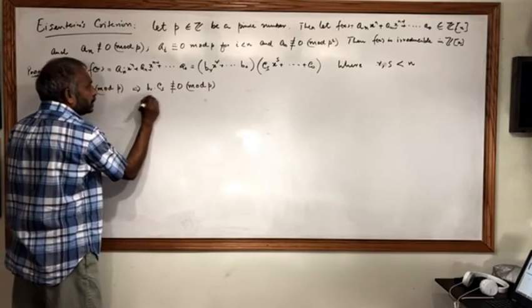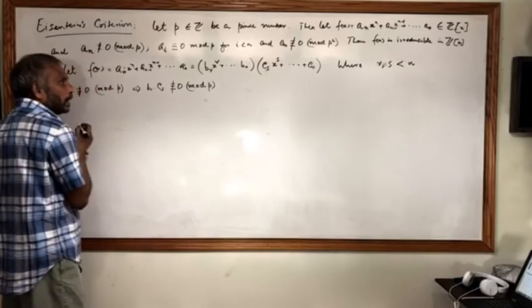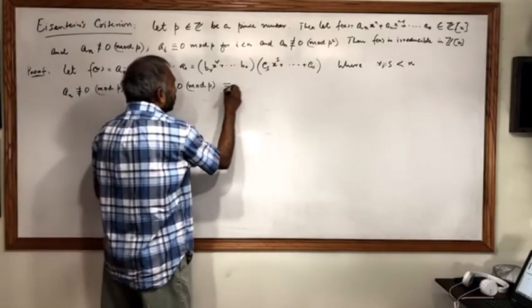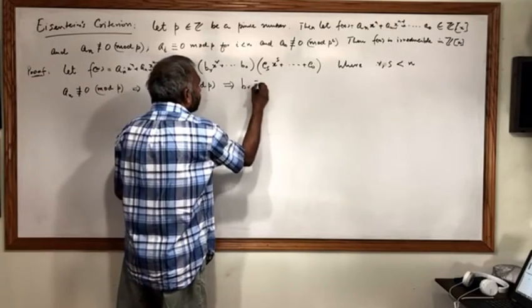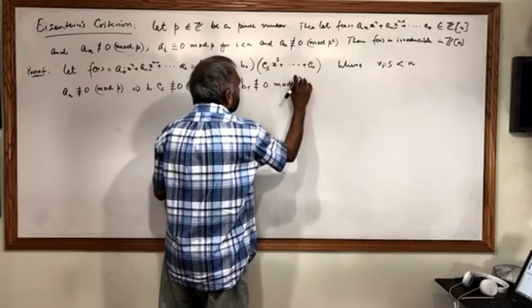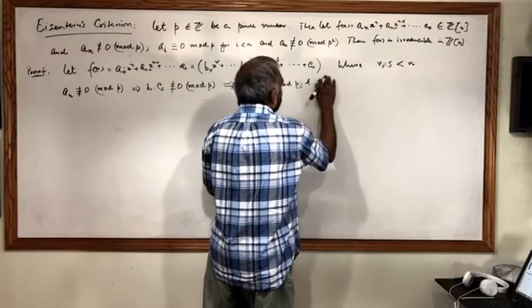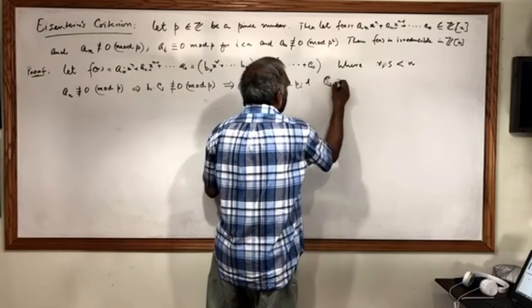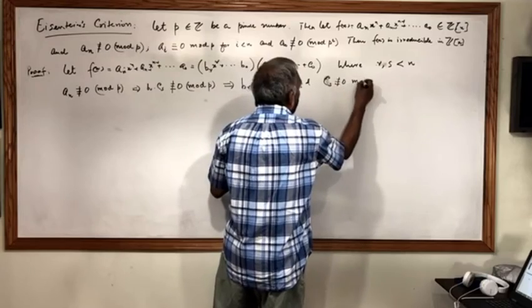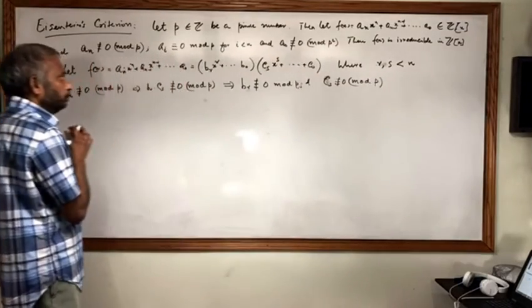That means this is not a multiple of p, and that implies br is not equal to 0 mod p, and cs is also not equal to 0 mod p, because p is a prime number.